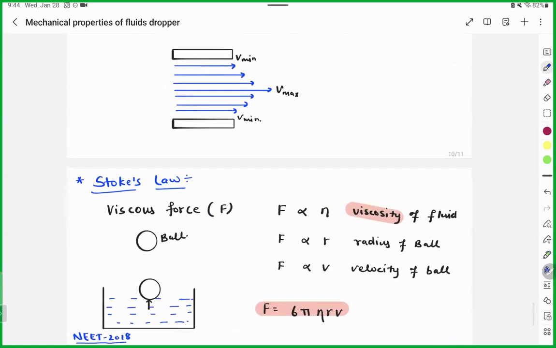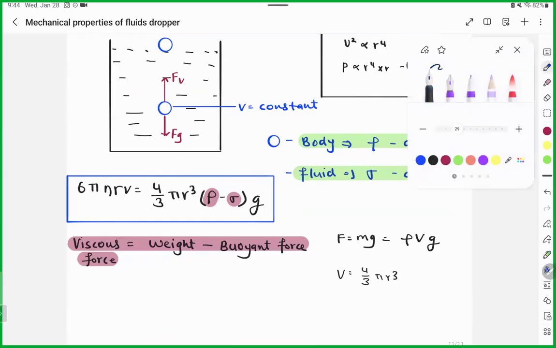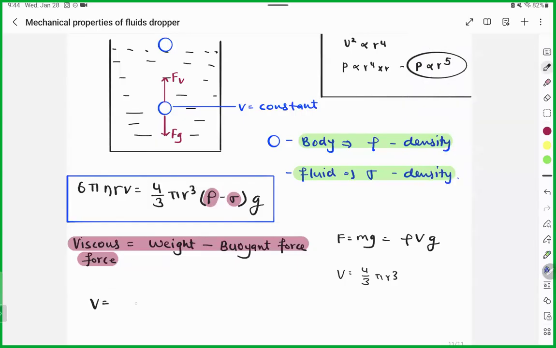I didn't write this, na? Yeah, Stokes law I wrote. So I will write the formula because questions can be asked from this. How? One R will be cancelled. If you calculate the velocity, 4 by 3 pi r square. Why r square? Because one r is cancelled with r cube.